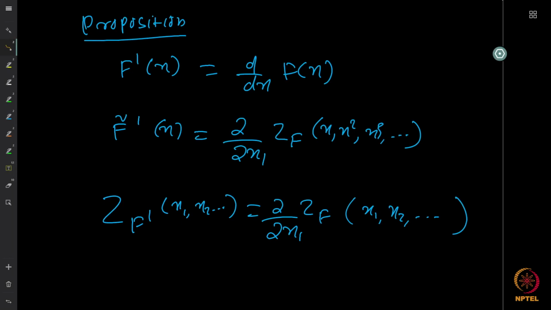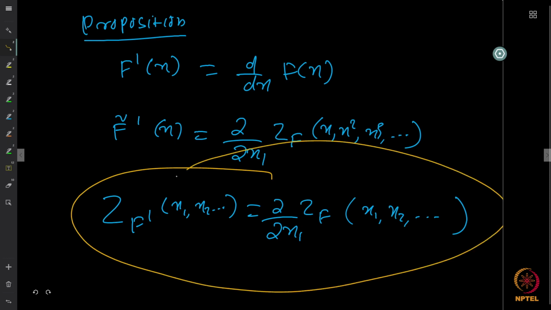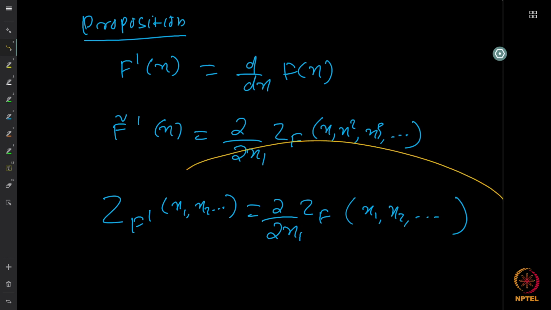Again, a proposition without proof: the derivative satisfies the following identities. The generating function F'(x) is equal to d/dx of F(x). The tilde generating function F~'(x) is the partial derivative with respect to x1 of the cycle index Z_F substituted with x, x^2, x^3, etc. Then the derivative has the following cycle index series: Z_F'(x1, x2, etc.) is the partial derivative with respect to x1 of Z_F(x1, x2, etc.).